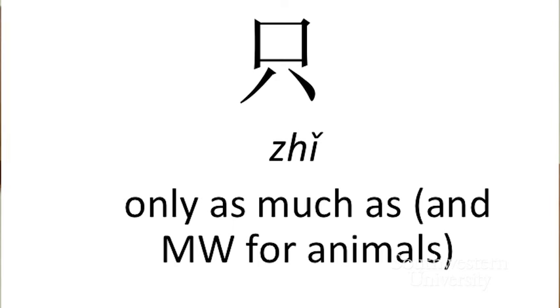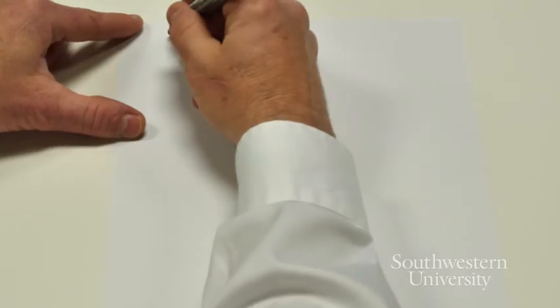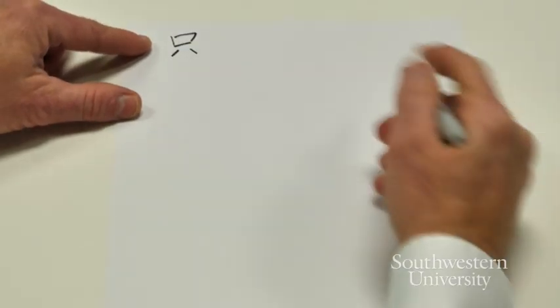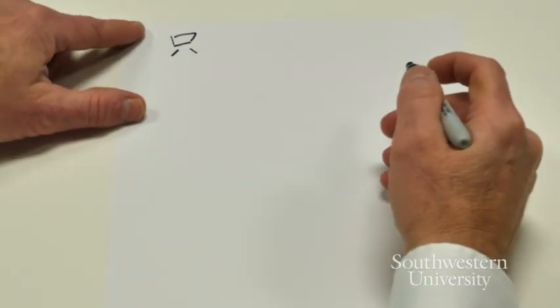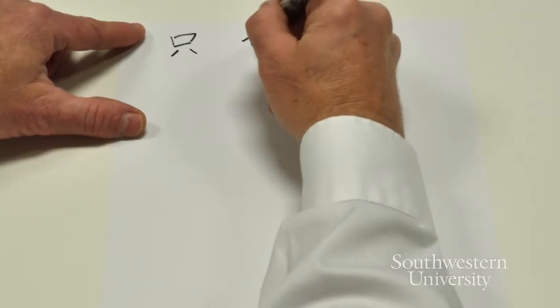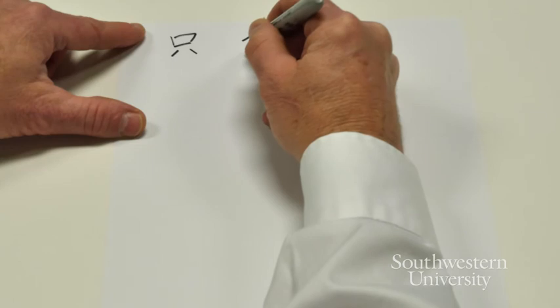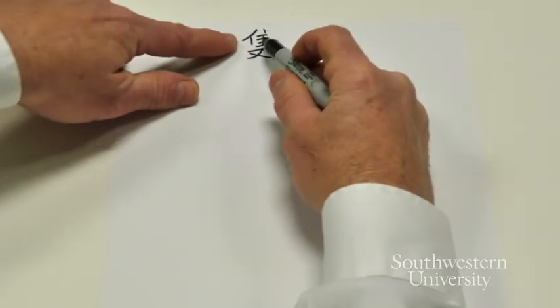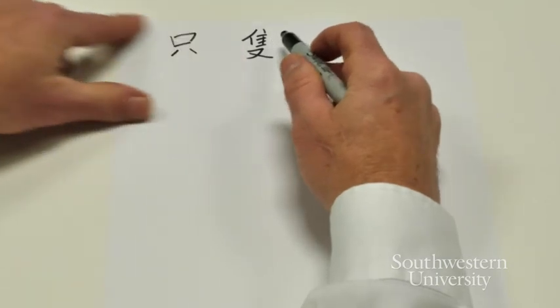The next character, zhi, this is a character that's borrowed for its sound. Zhi is a measure word for animals. In traditional characters, you use this as a measure word for animals, pronounced the same way. It's got the jue on top of a yo.